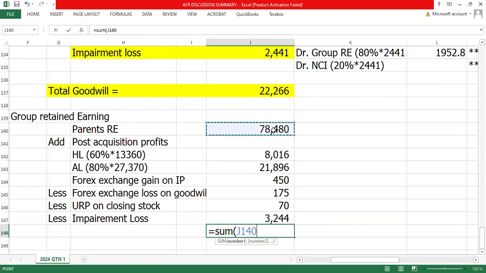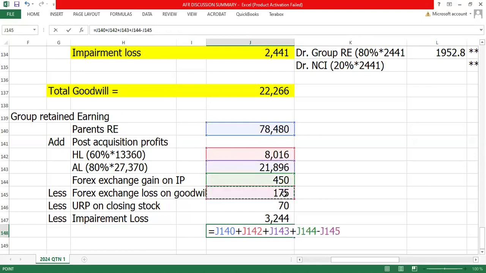We add this one plus this plus this plus this, then minus, when I do this, it will be wrong. It is this plus this plus this plus this, then minus this minus this minus this.